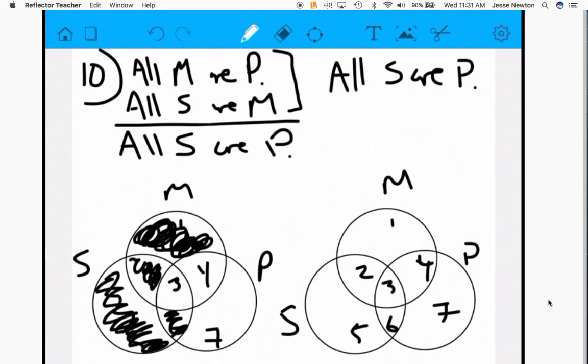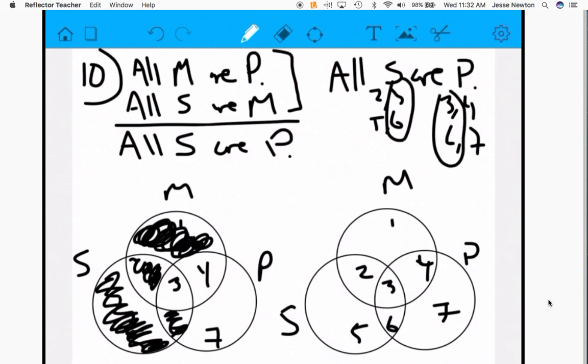And S is region 2, 3, 5, and 6. P is going to be 3, 4, 6, and 7. And just like always, it's going to be 3 and 6. And we're saying all are in 3 and 6, which means none are where? Nothing in 2 and nothing in 5.